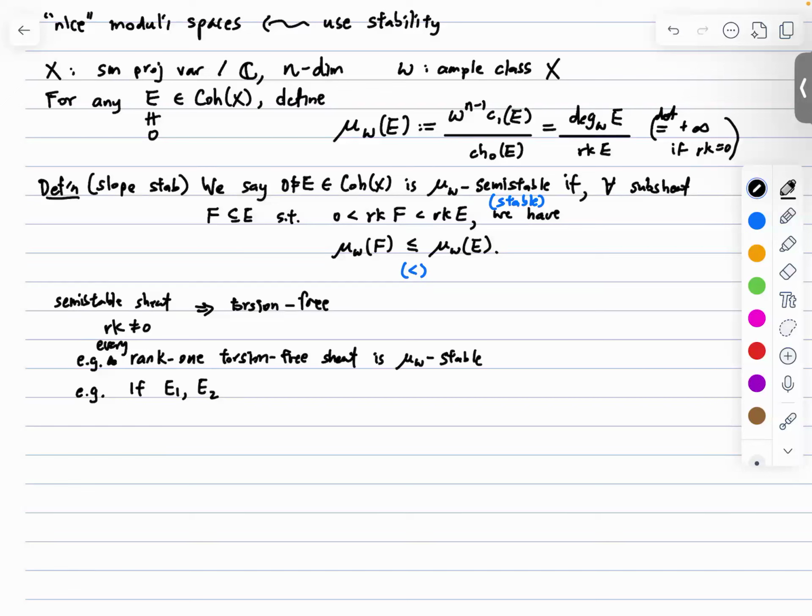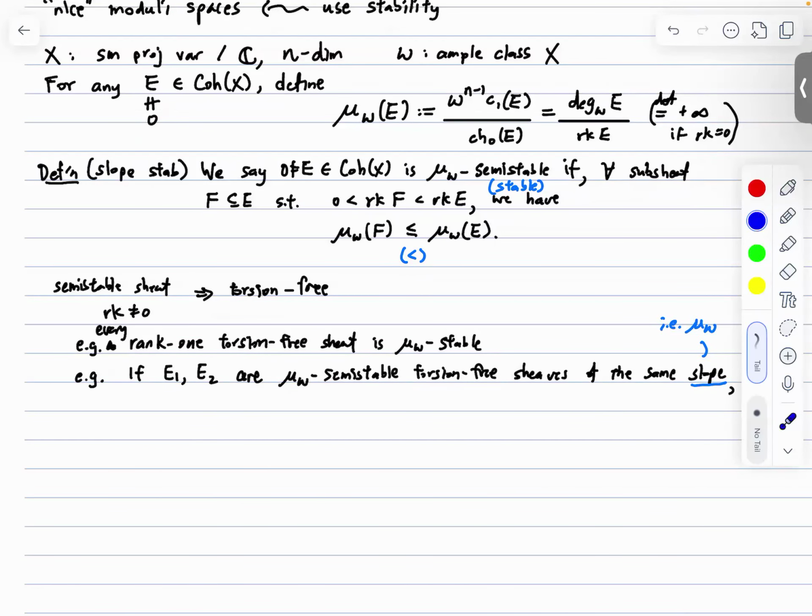Suppose E1 and E2 are mu semi-stable torsion-free sheaves of the same slope. Here, by the slope of a sheaf, I mean its number mu with respect to the omega we are fixing.